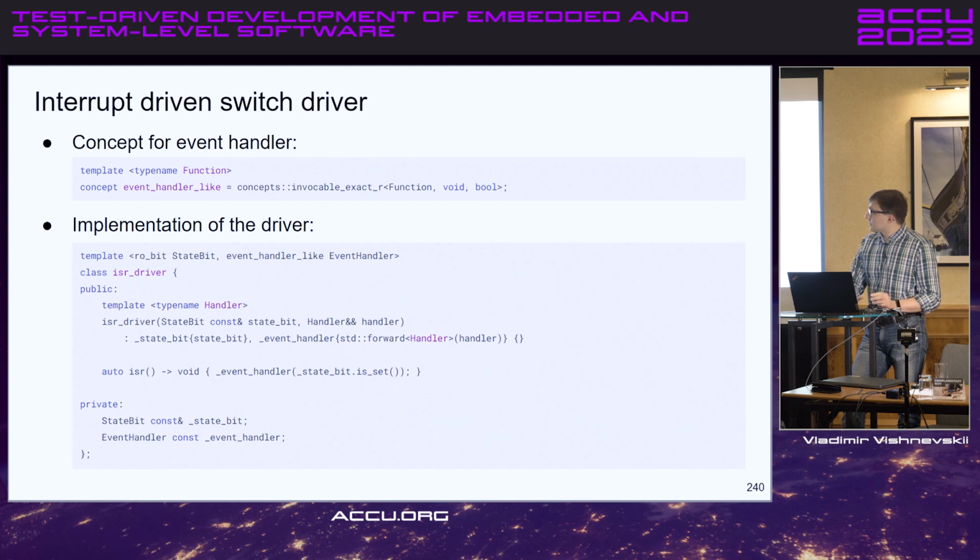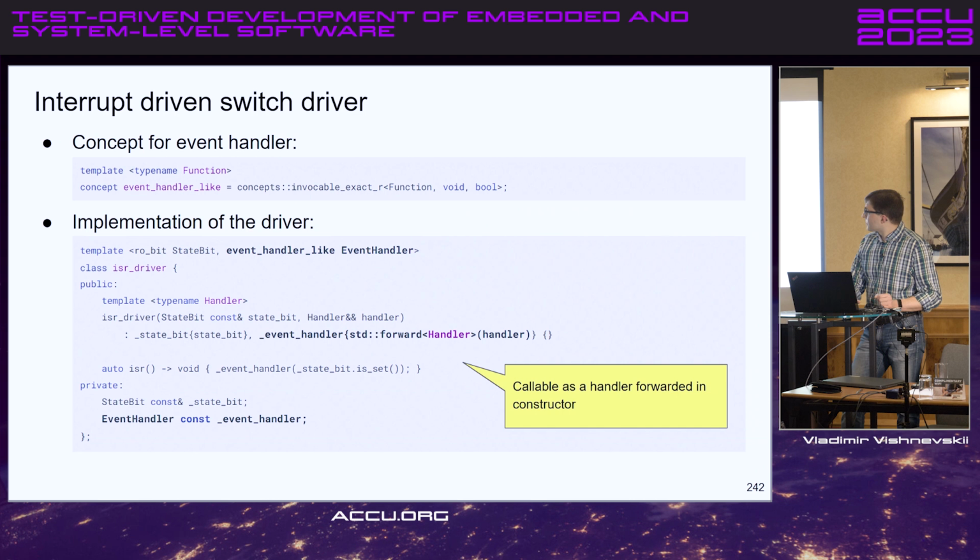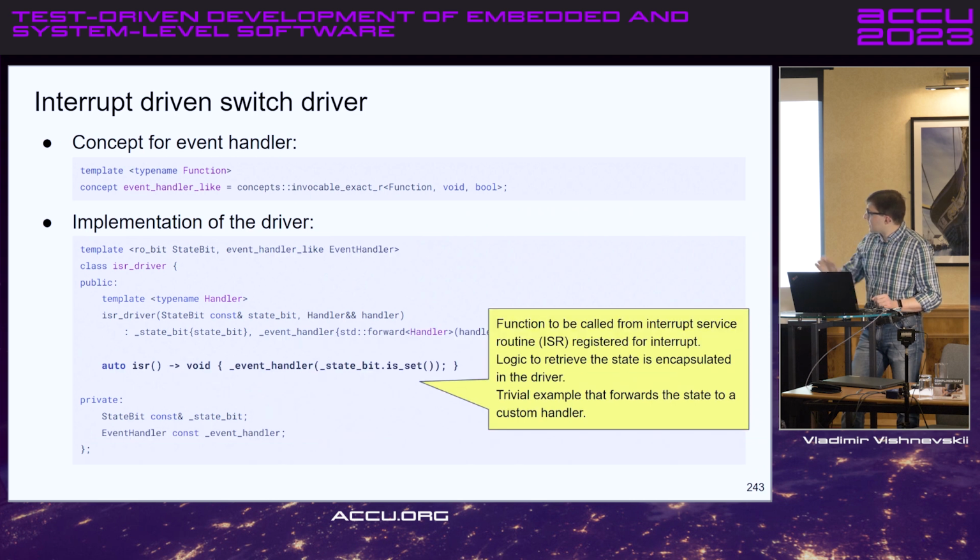For an interrupt-driven driver, we can use different approaches, but we can also introduce a driver that will have some client-specific event handler with some specific signature, and that we will store as well. And we will need to have ISR function that will be triggered from the interrupt service routine.